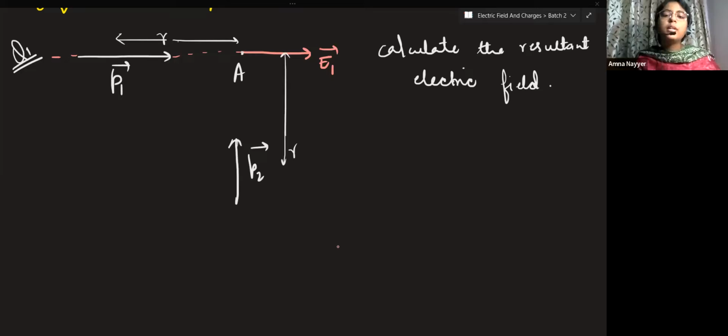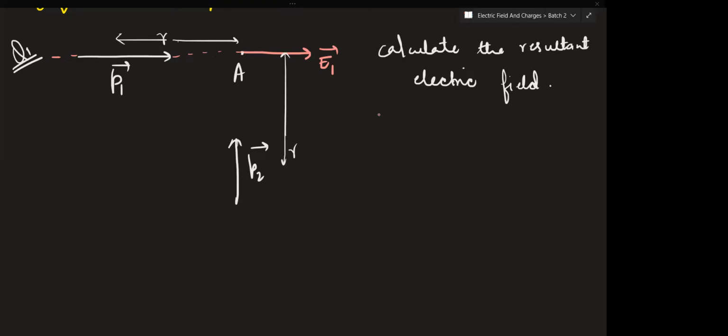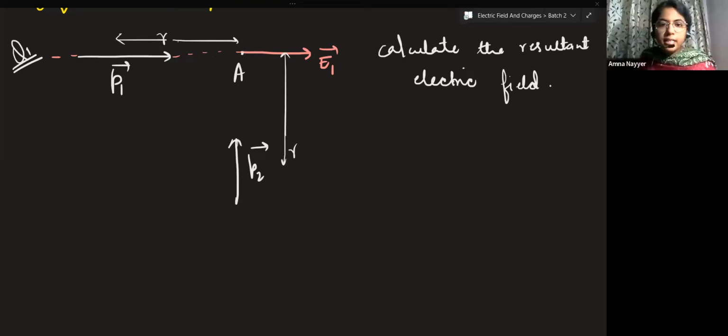Okay, Akifa, you tell me for P2, is point A on the axial of it or equatorial of it? Axial. Axial, correct. See, just extend the axis.